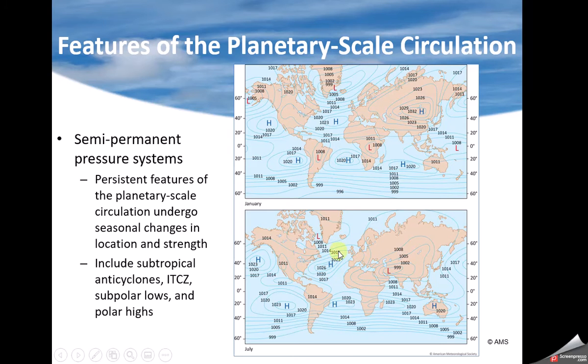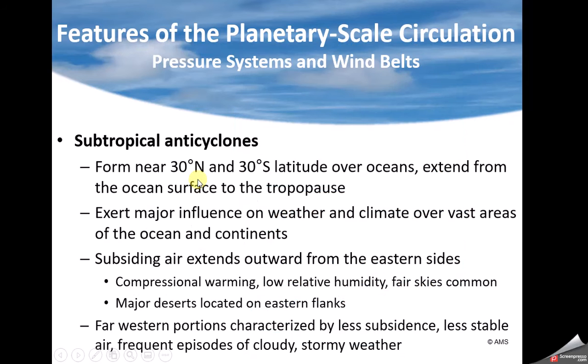This big high that sits over the Atlantic, sometimes called the Bermuda High, is what causes the Gulf Stream, that gyre that's there for the Gulf Stream to live. So with that, you have these subtropical anticyclones, and where you have an anticyclone, remember, air is clear and the air sinks.